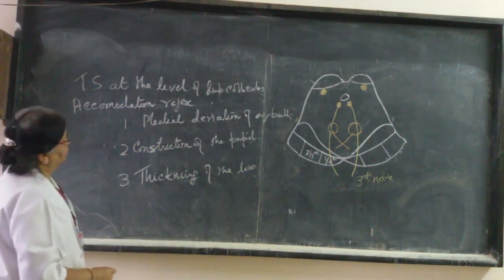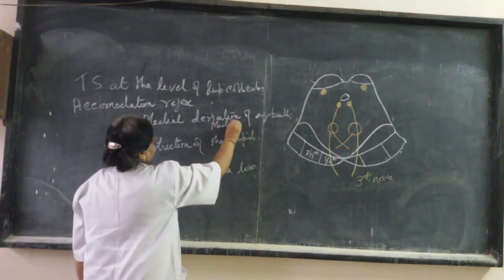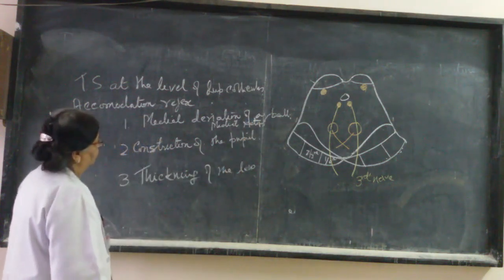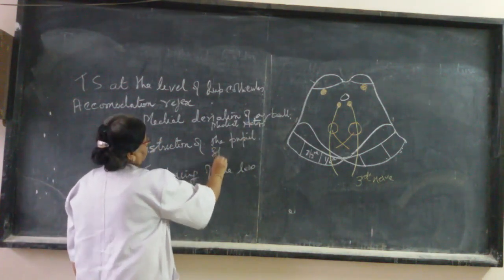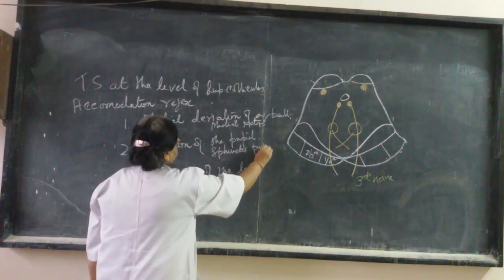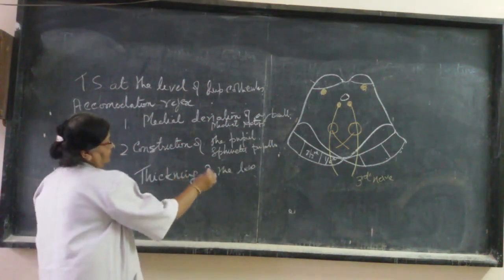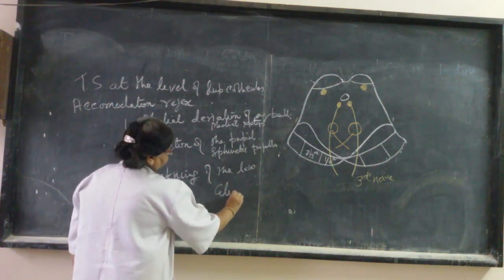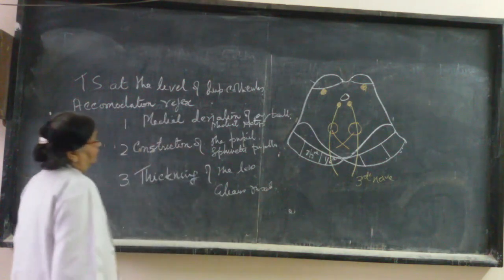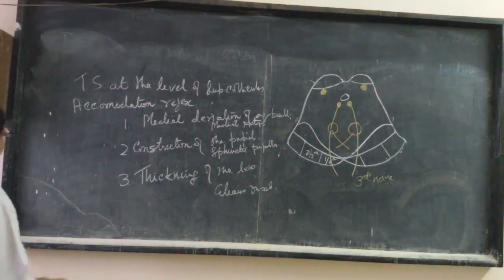The medial deviation takes place by the medial rectus muscle, constriction of the pupil by sphincter pupillae, and thickening by the ciliaris muscle. Now, what is the pathway for the accommodation reflex?